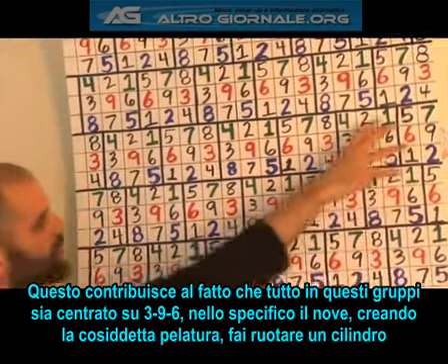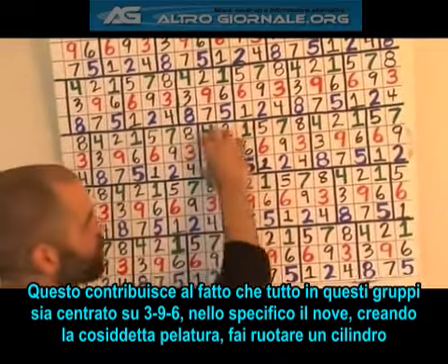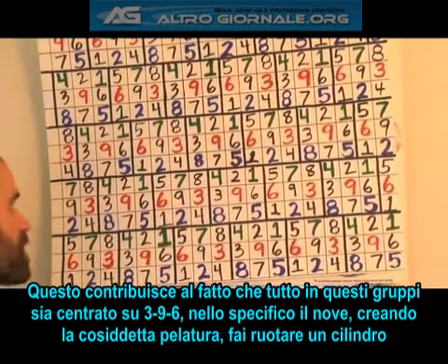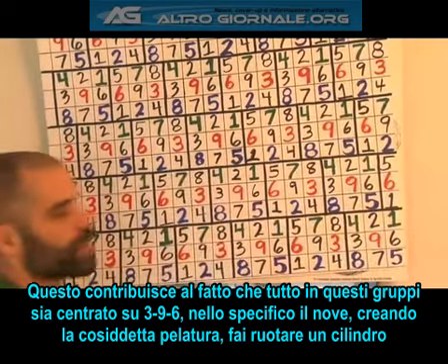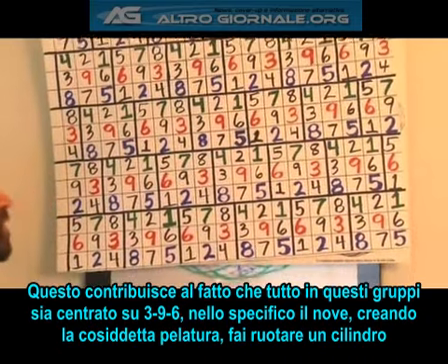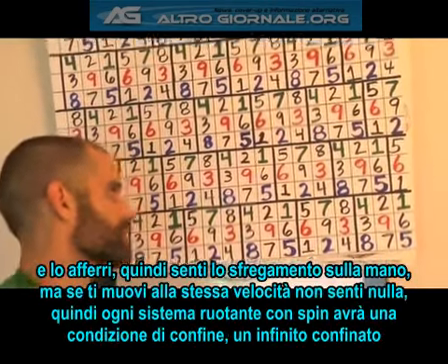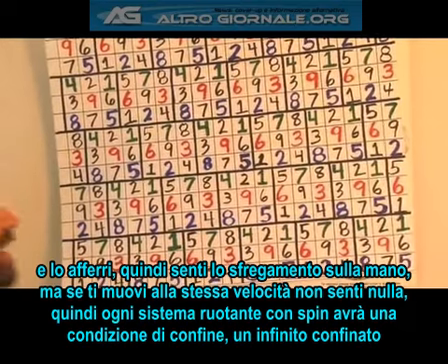That is precisely what is contributing to everything being in these groups centered around your 3, 9, and 6, specifically the 9. Because they're creating a shear, what's called a shear. If you want an explanation of a shear, you spin a cylinder around and grab onto it, it's the common explanation, and you'll feel the shear as it's shearing your hand off.